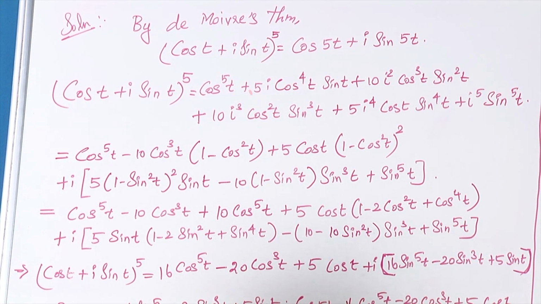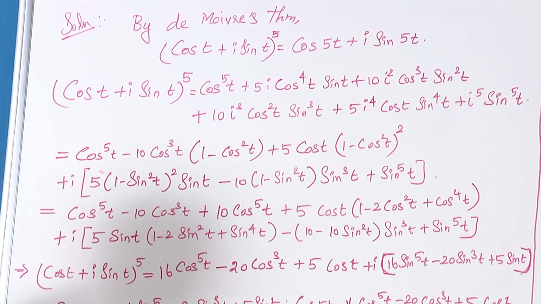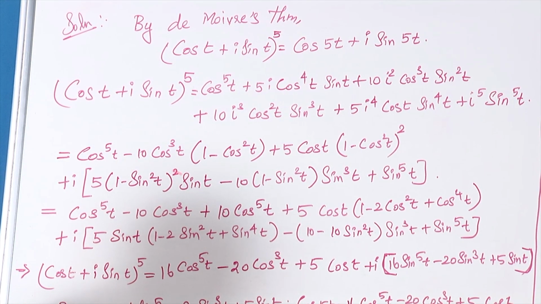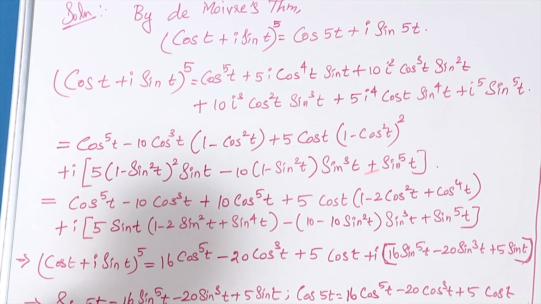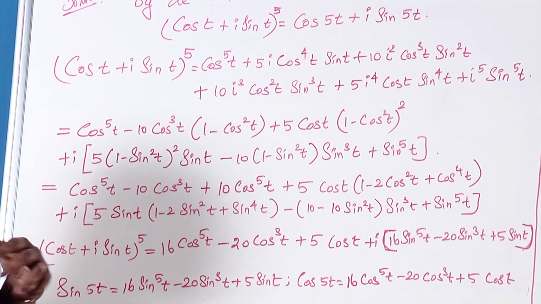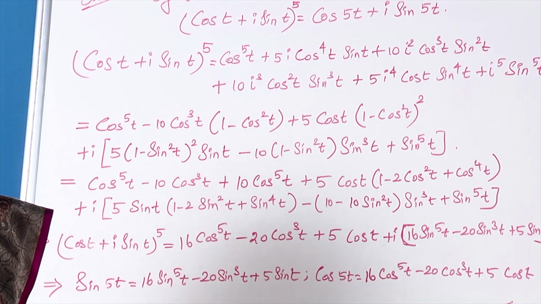And then I am going to group all the imaginary terms together. So, plus I, and therefore I have this term cos power 4 t sin t. Whenever I am talking about the real terms, I am converting them all to the cos format, and whenever I come to the imaginary terms, I am trying to convert even the cos terms into sine terms.